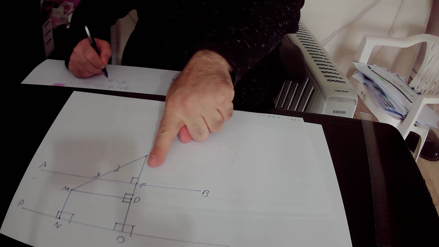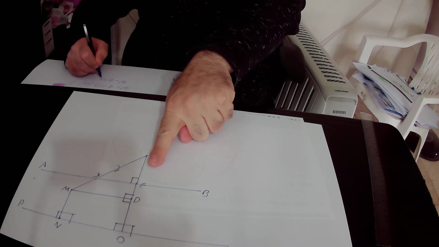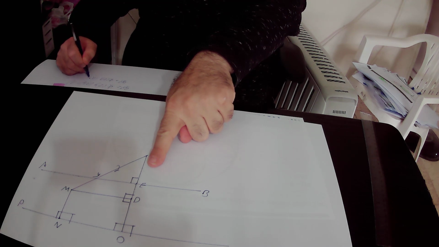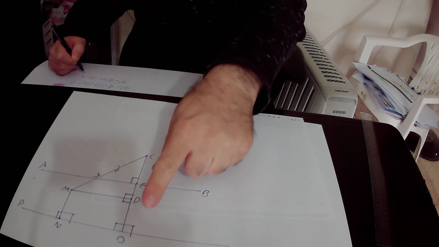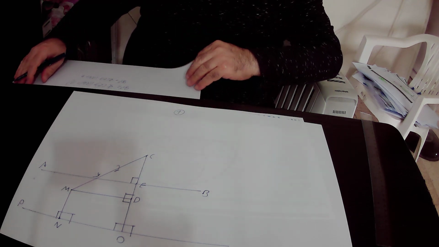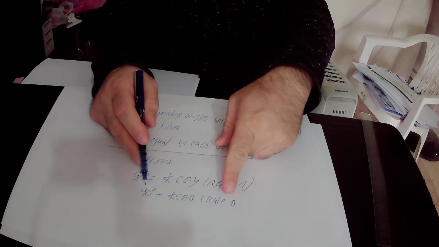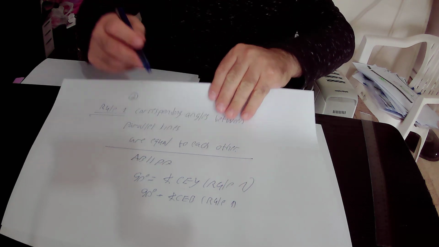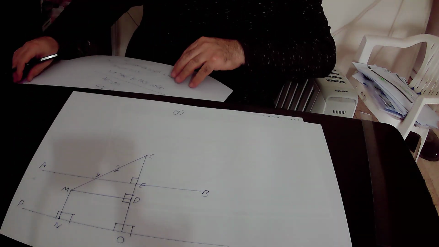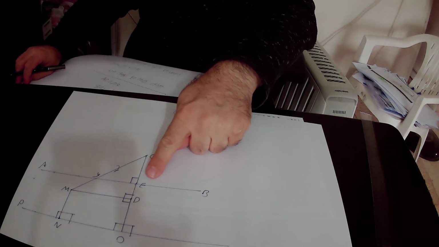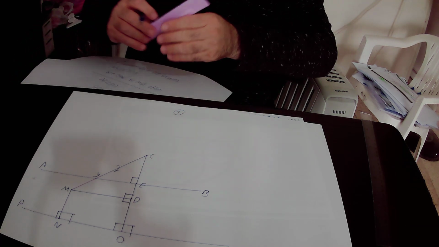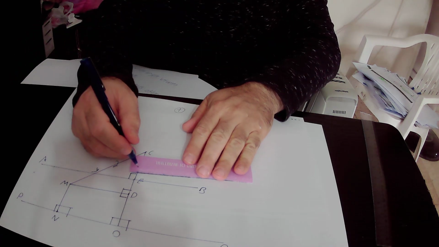They are equal according to rule number 1. So we found out that angle CEB equals 90 degrees. It is a right angle.